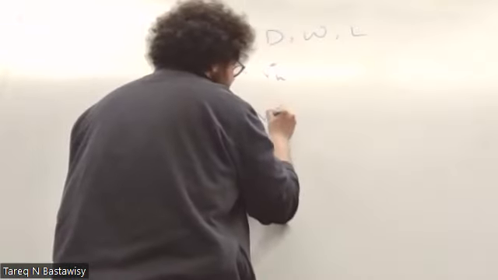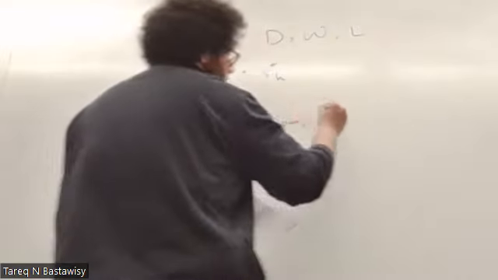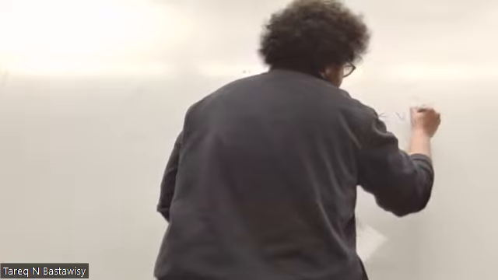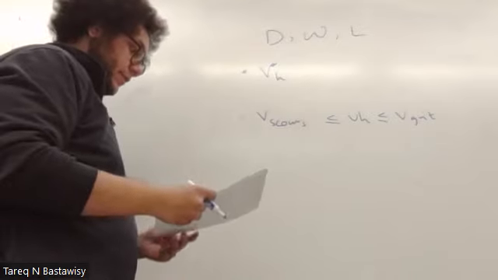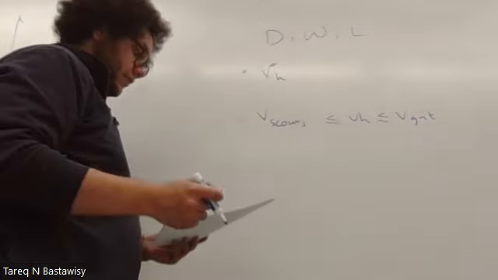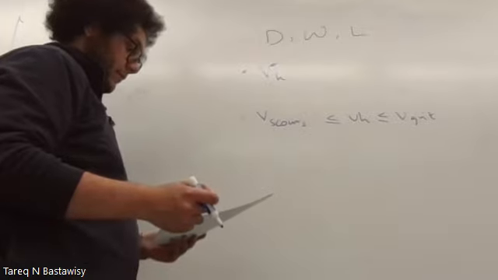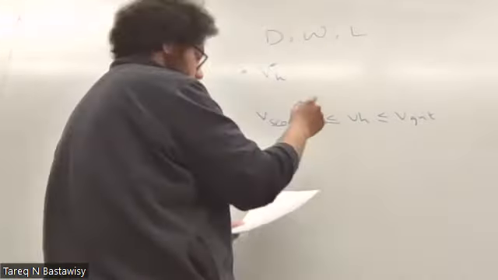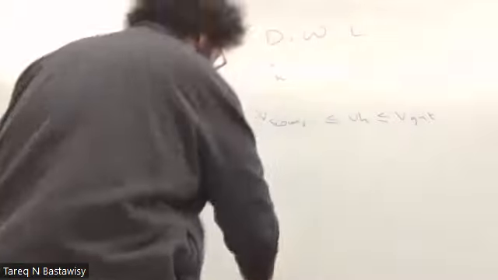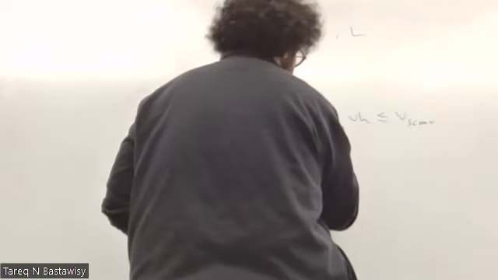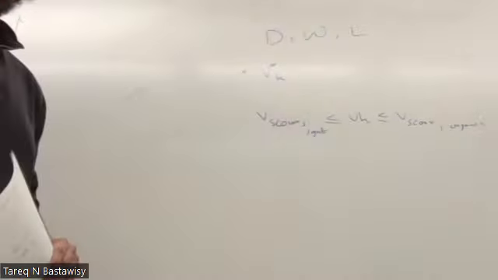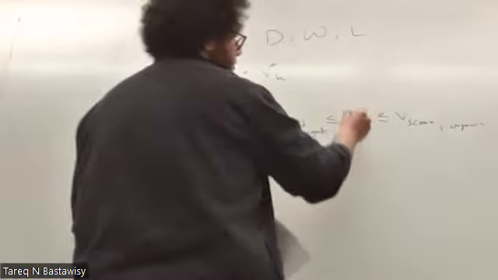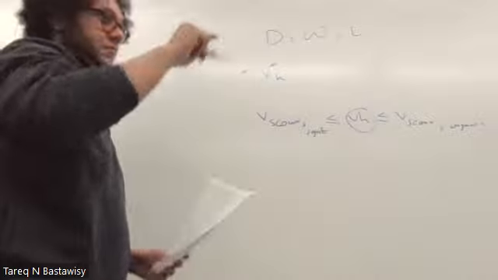VH has to be between your V scour for grit and your V scour for organic. So that VH has to be between those two values.